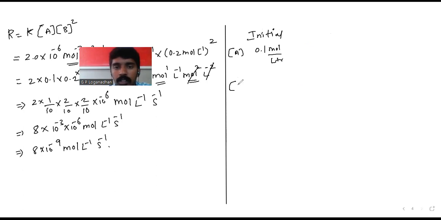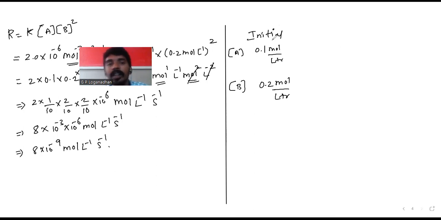Initially the concentration of B is 0.2 mole per liter. What is given is that the concentration of A is reduced to 0.06 mole per liter.